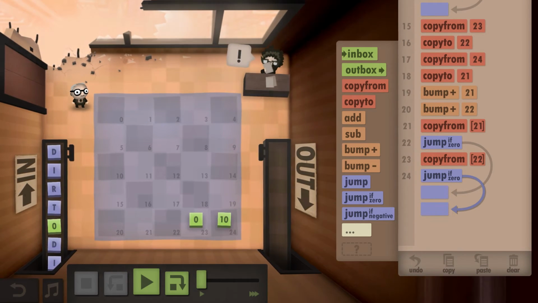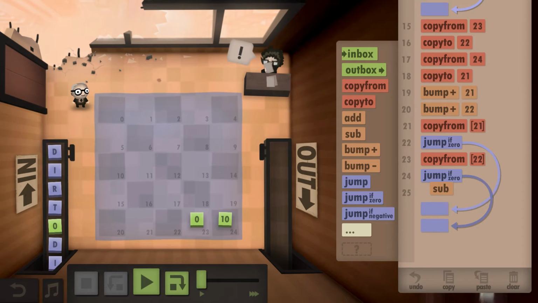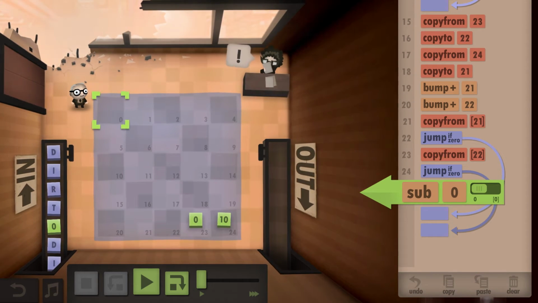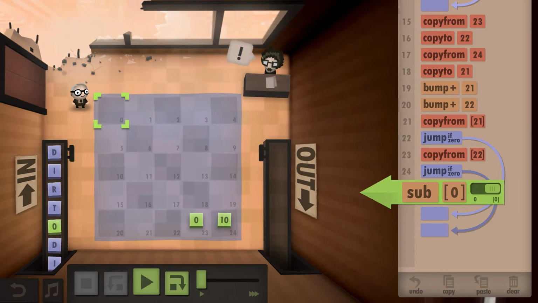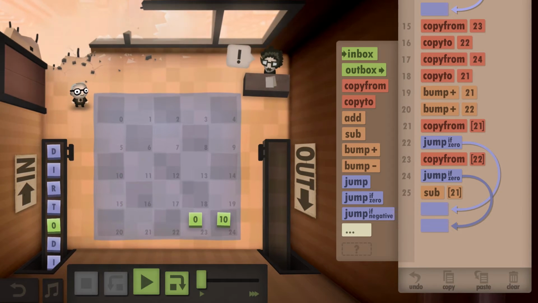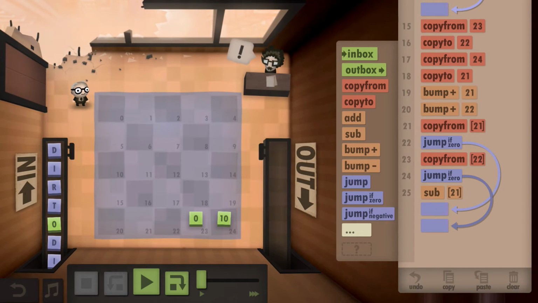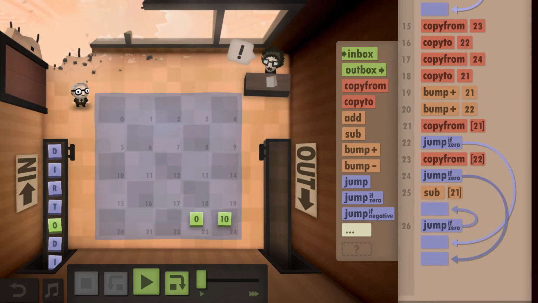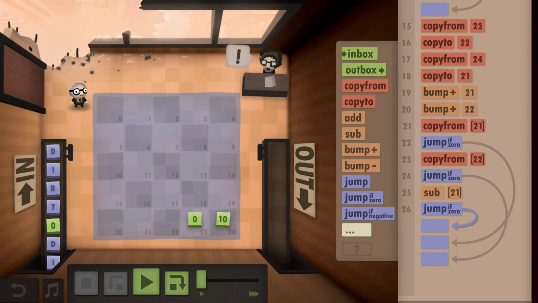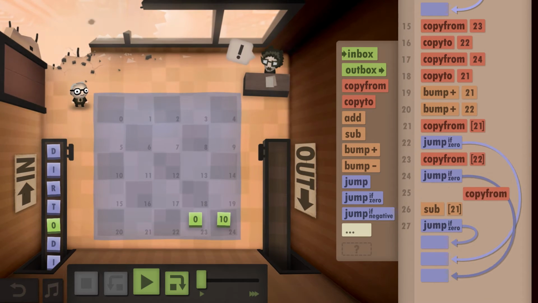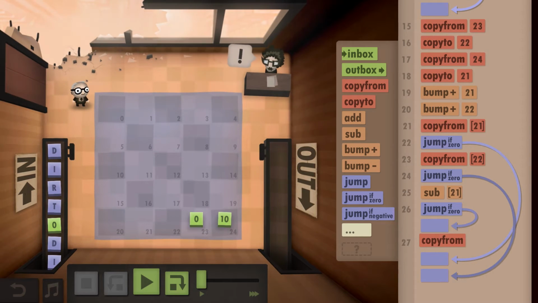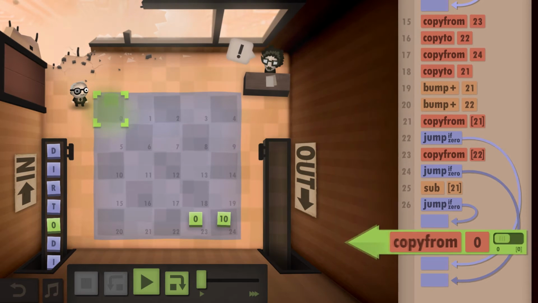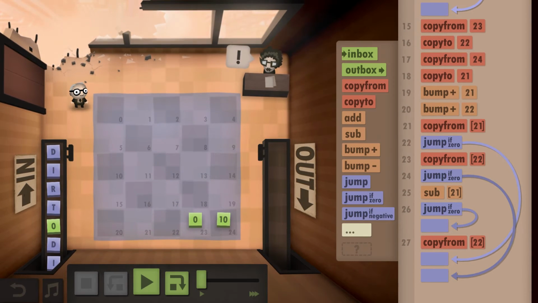Otherwise, we sub the second letter from the relative location of that index. And if these are 0, then we will go from copying from the position.